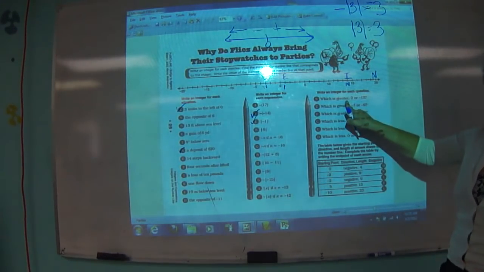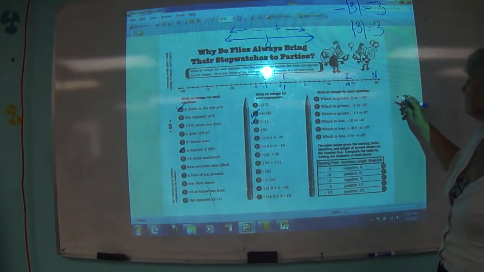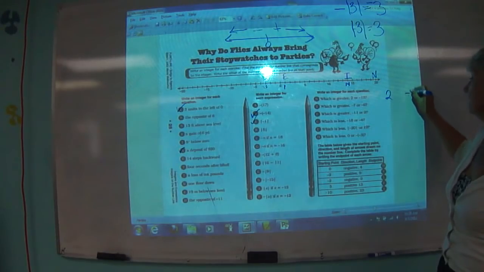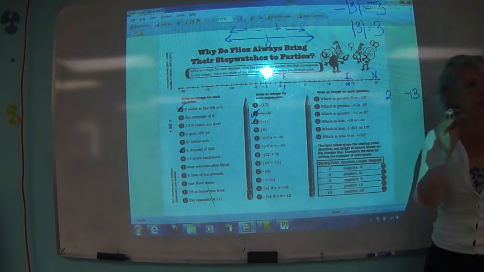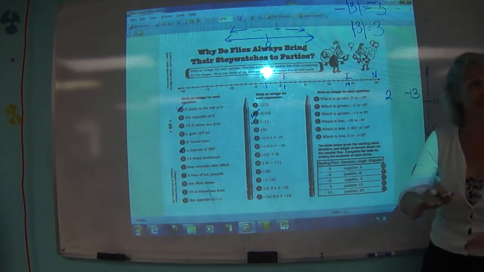Okay. What about one like this? Which is greater, 2 or negative 13? You're in algebra now. No more alligators. So let's look at this. 2, negative 13. Think of this. Look at the vertical number line instead, knowing that 0 is the ground.